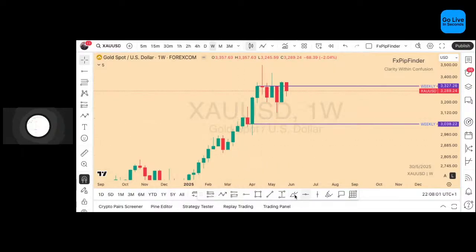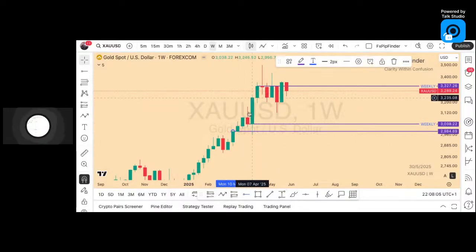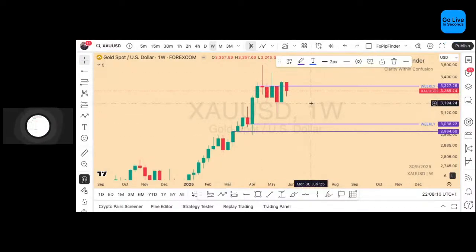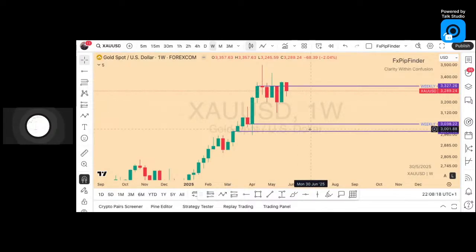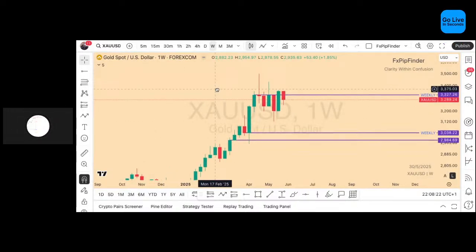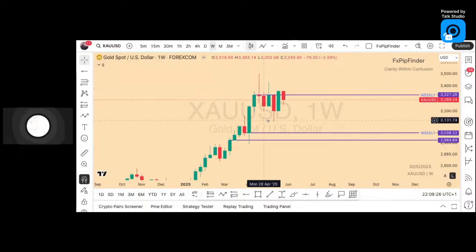That middle section is what we call continuation. As you can see, the market came back into that continuation level before going up. Those are the types of opening prices I want to talk about today. There are other ones, but these are the main ones you should focus on.